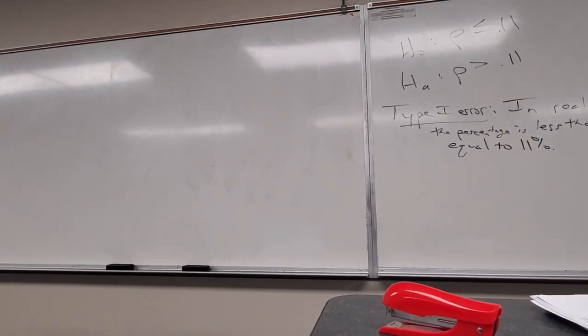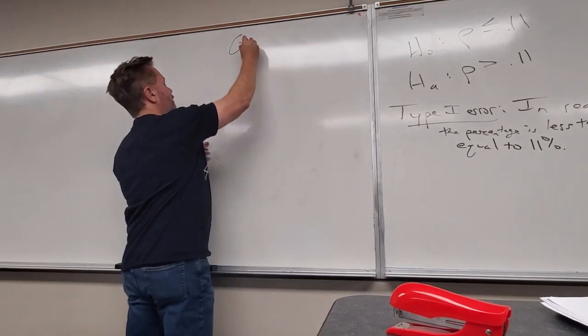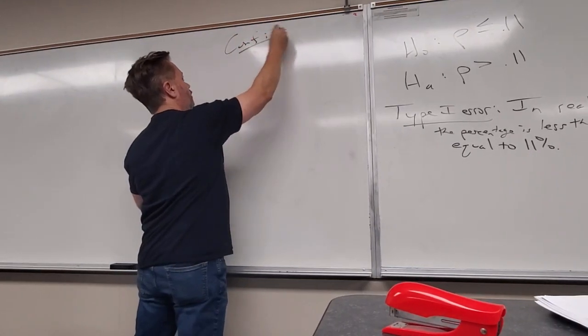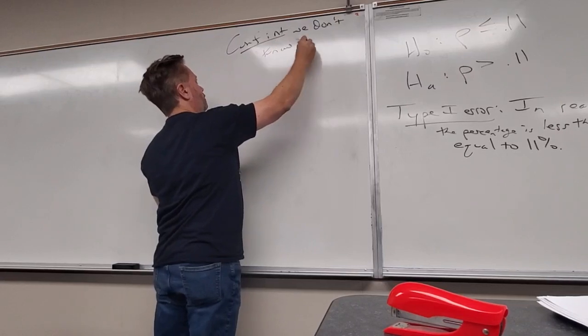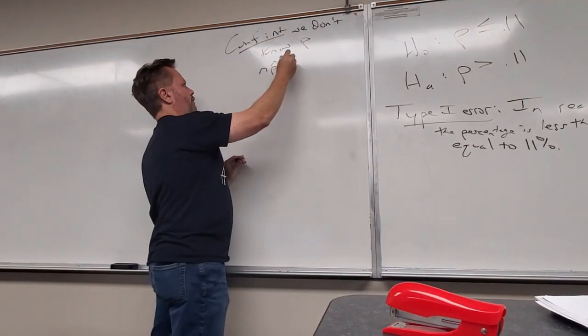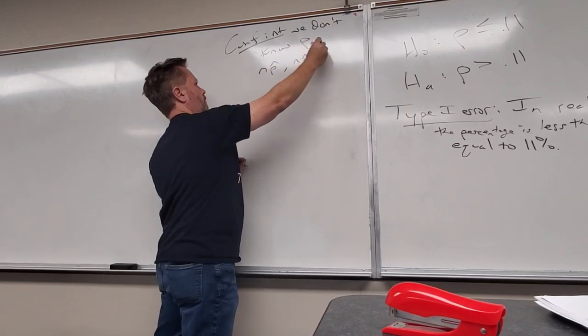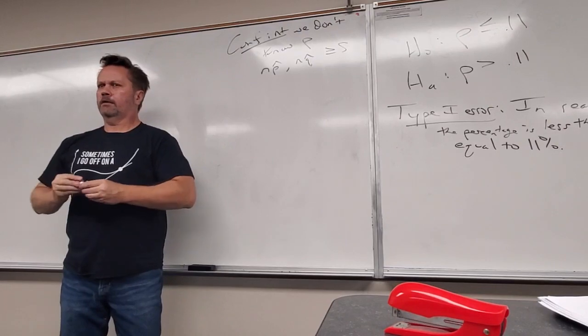Somebody started, I think. Yes. So for confidence intervals, we don't know P. So therefore we have to use P hat and Q hat, right? Okay.